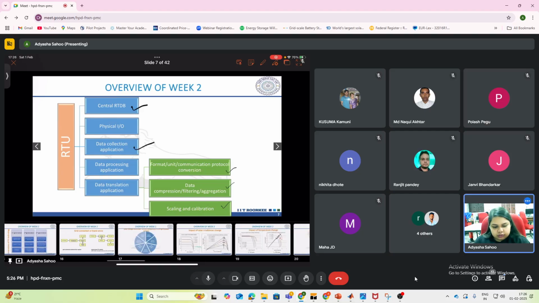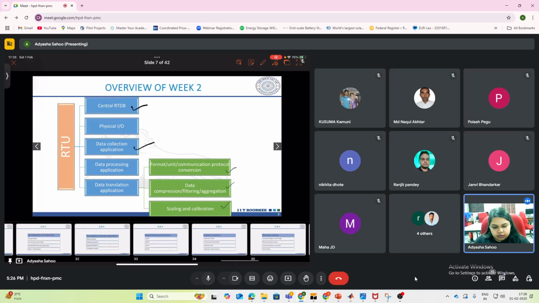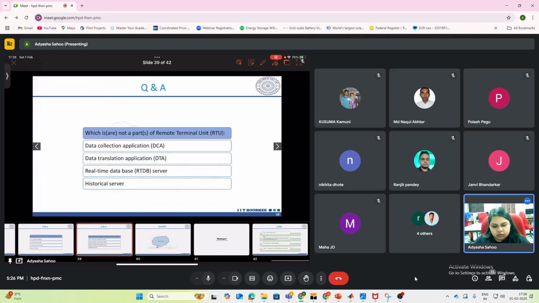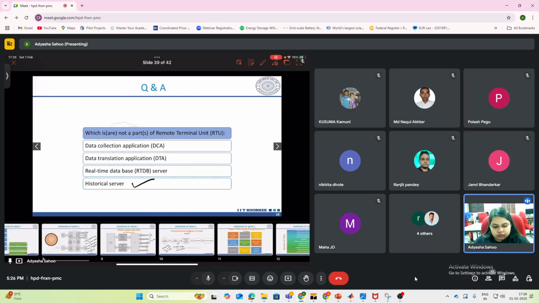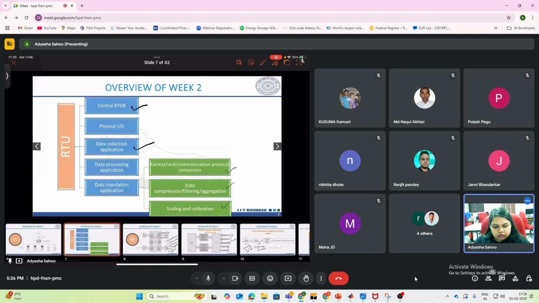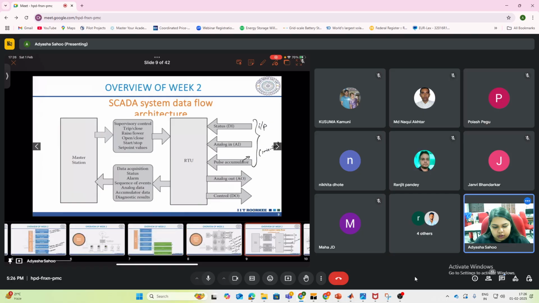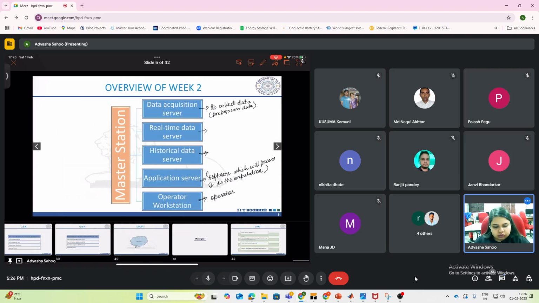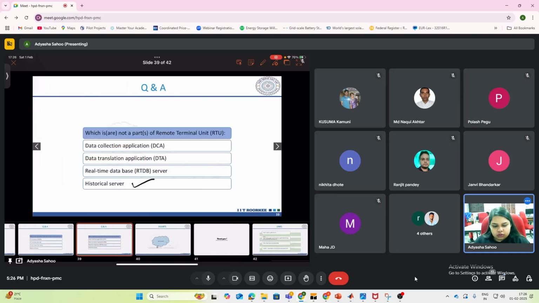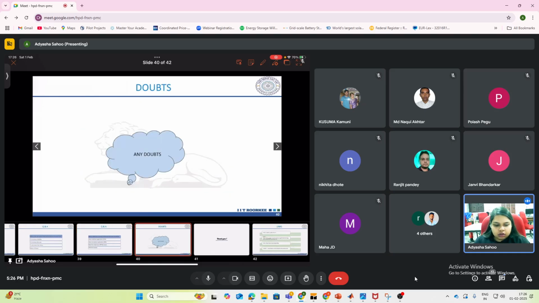What else was there? Also data translation is there, but this historical server is not there. The historical server was a part of the master station. This actually completes this fixed discussion.